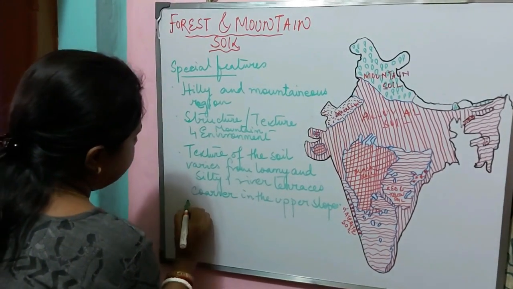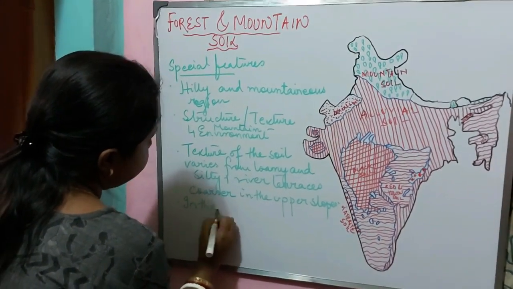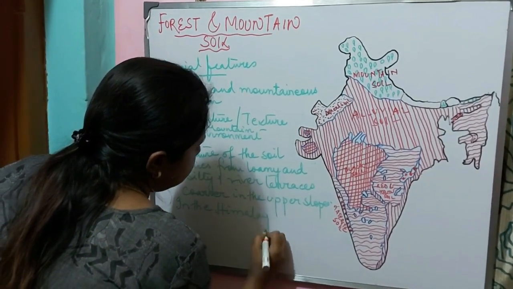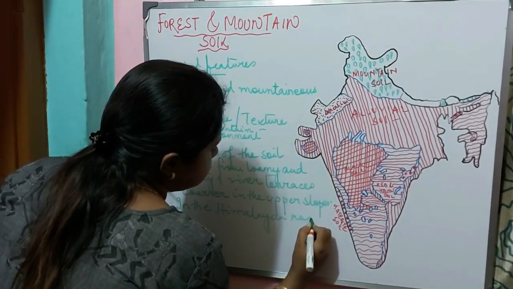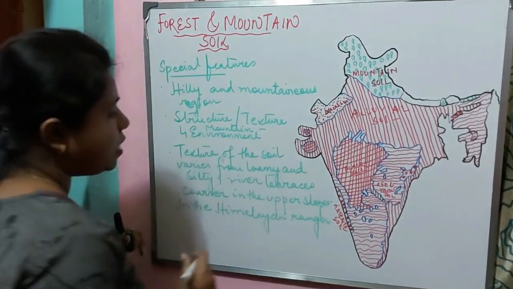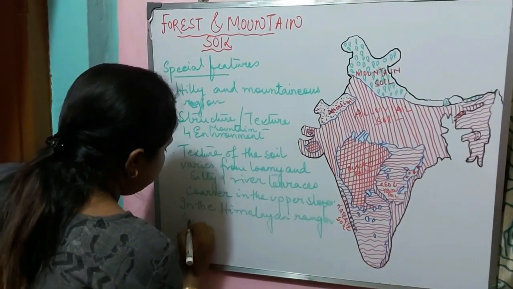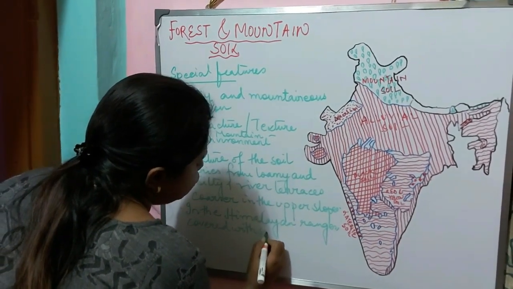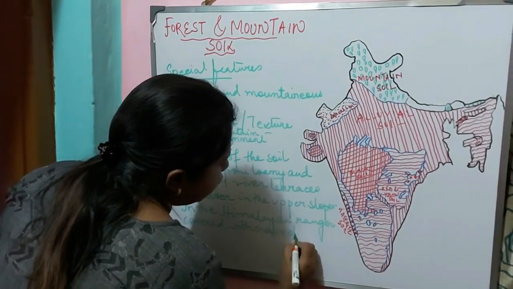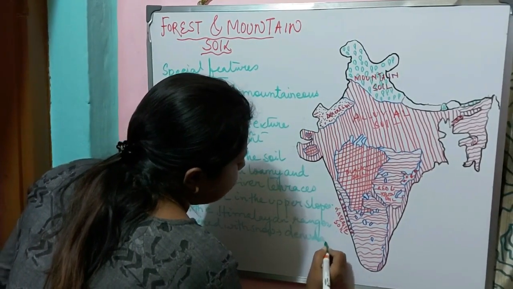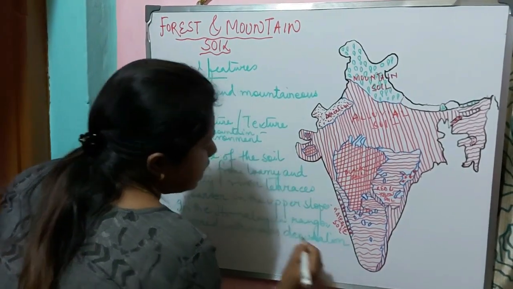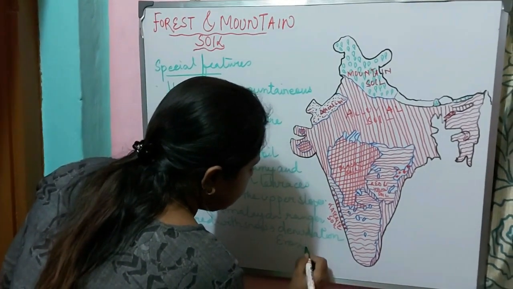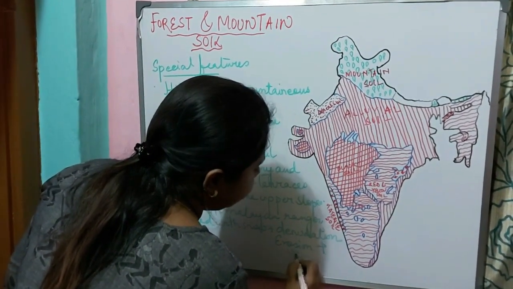Now in the areas of the Himalayan ranges, what happens? It is fully covered up with snow. So denudation takes place. What is denudation? Denudation means erosion plus weathering.